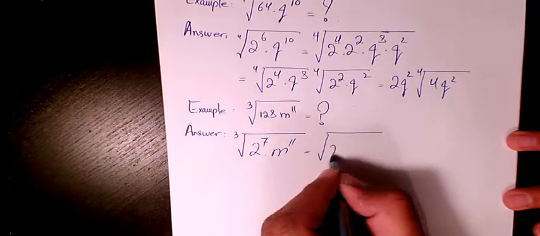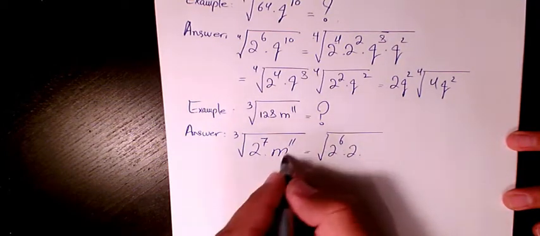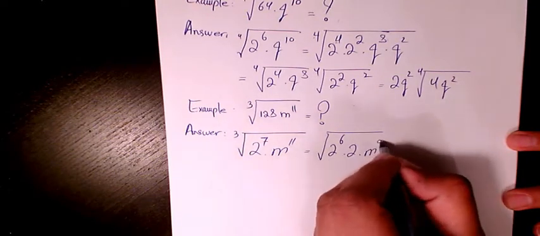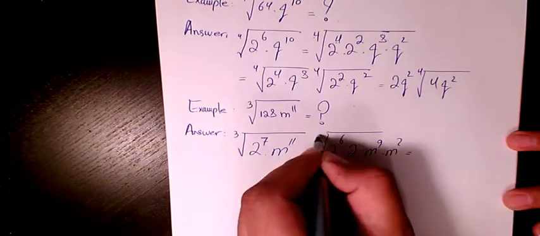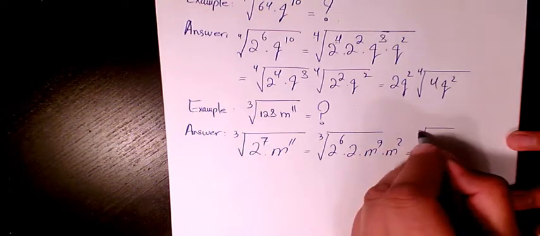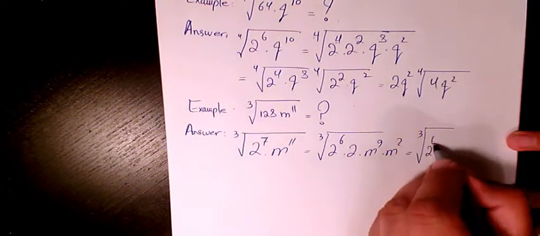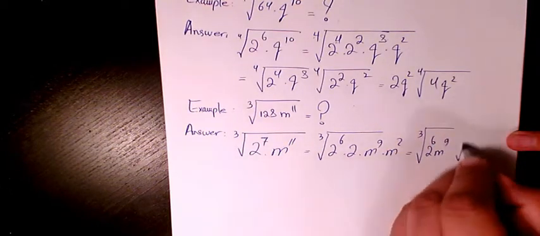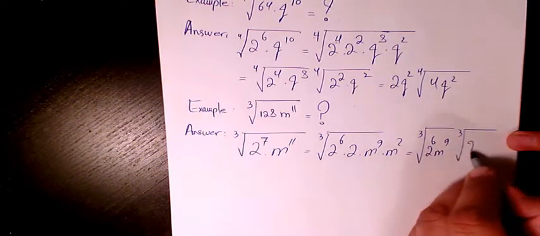Then we can say 2 to the power of 6 times 2. M to the power of 11 is m to the power of 9 times m squared. So that makes it the cube root of 2 to the power of 6 m to the power of 9, then the cube root of 2m squared.